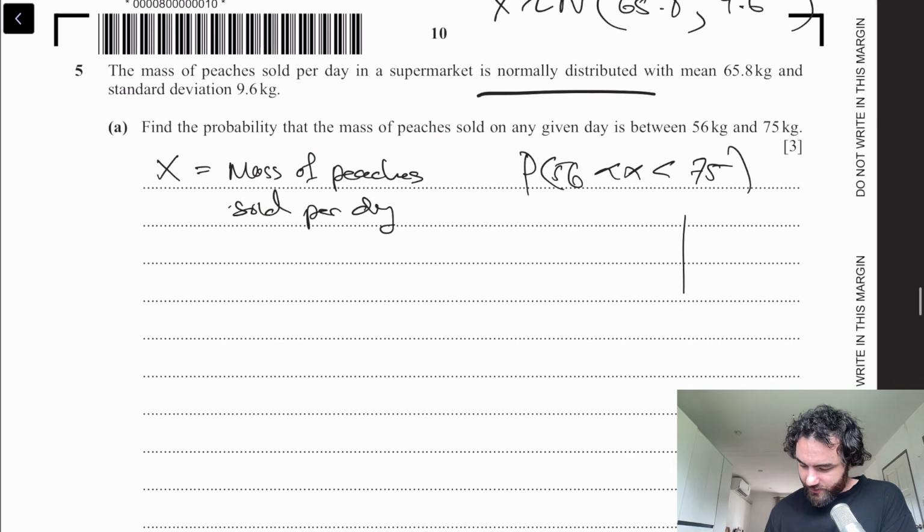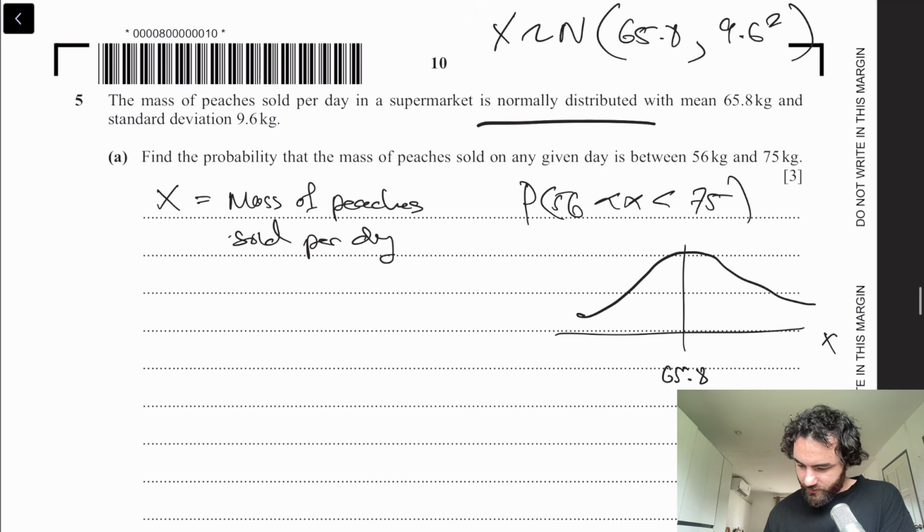Okay, so I always like to sketch this out. It looks like this. Our mean here is 65.8. So 56 is here, 75 is here.